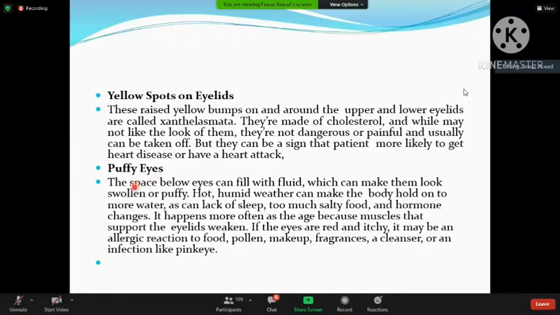That is to say, the space below the eyes can fill with fluid. And here the patient may have a swelling or a puffy face. And sometimes the eyelid is going to be weakened, and sometimes it may associate with infection, or impaired kidney function test may associate with that.